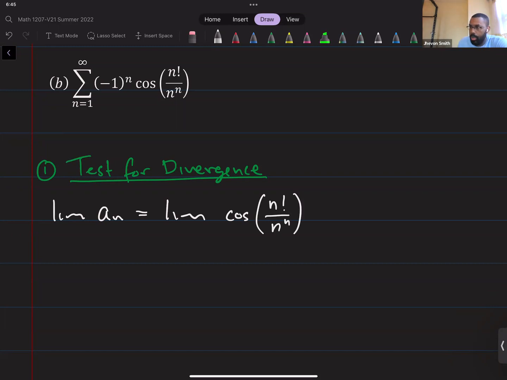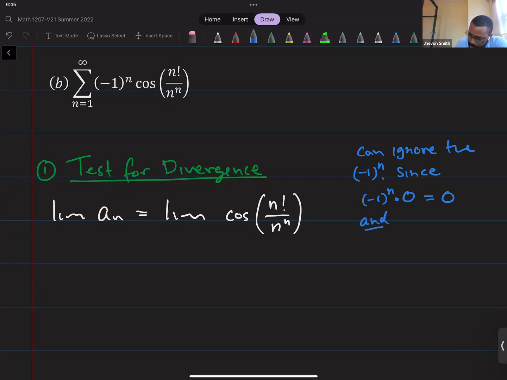So I guess I could make a note here. We can ignore the (-1)^n. The reason is, if I have (-1)^n times something that goes to 0, then overall the answer is going to be 0. So that's not going to stop it.